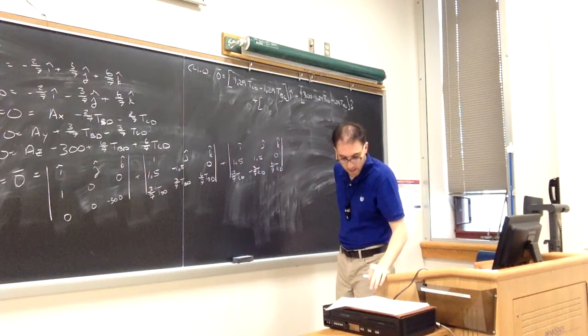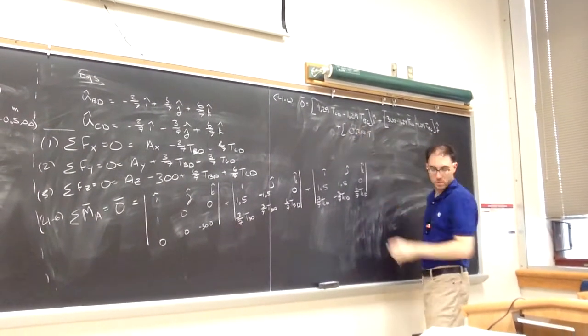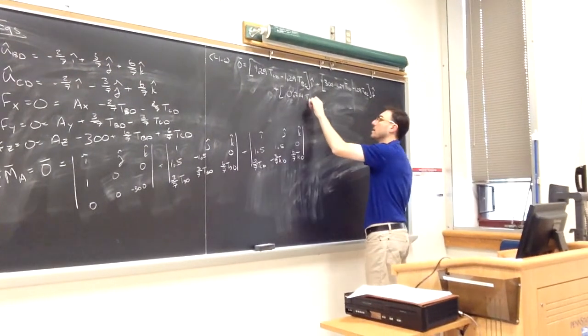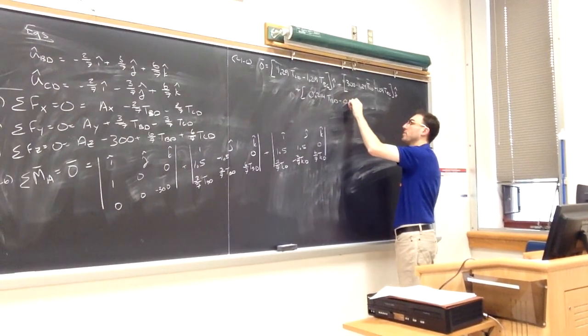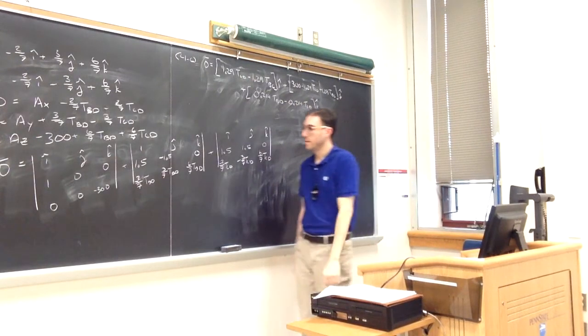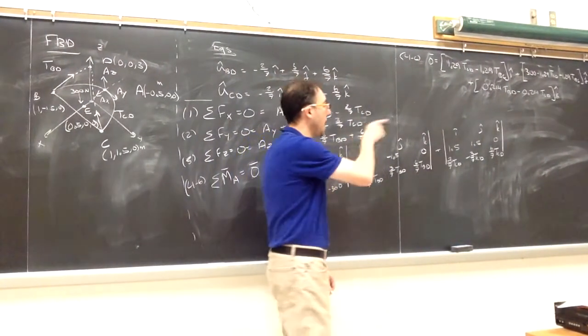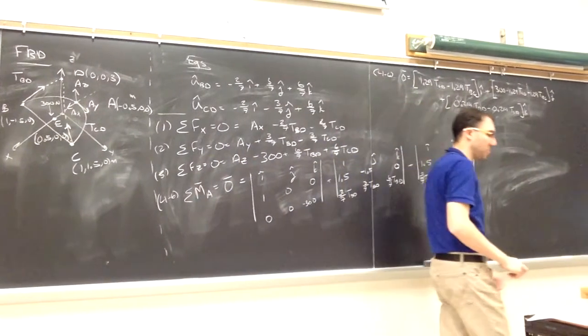And my K, I will get 0.214 TBD minus 0.214 TCD. Okay. Again, when I expand out all those cross products, that's all the I terms, the J terms, and the K terms put together.